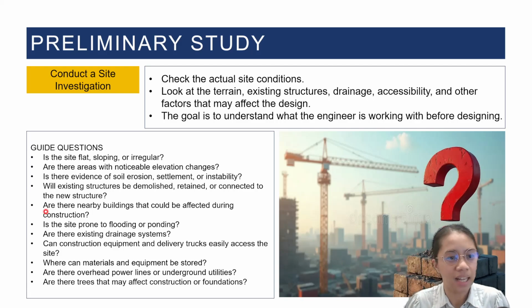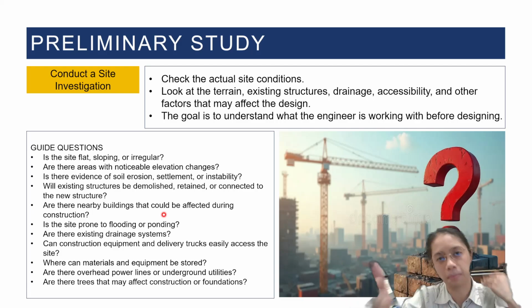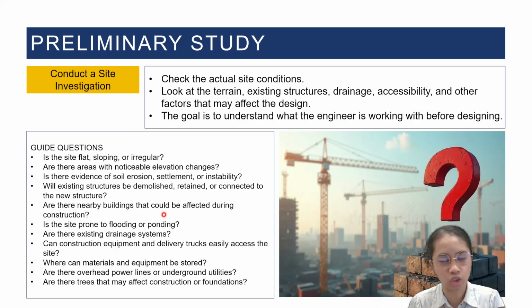Third, next, are there nearby buildings that could affect construction? The consideration for this will be if the lot is tight, meaning if there are neighboring structures on both sides, the front and the back of the client's lot, you also need to consider that the construction will not compromise the living of the neighborhood, or affect the structure itself.